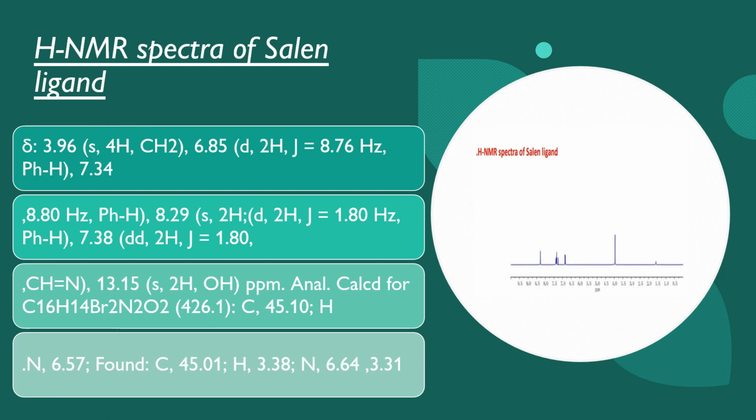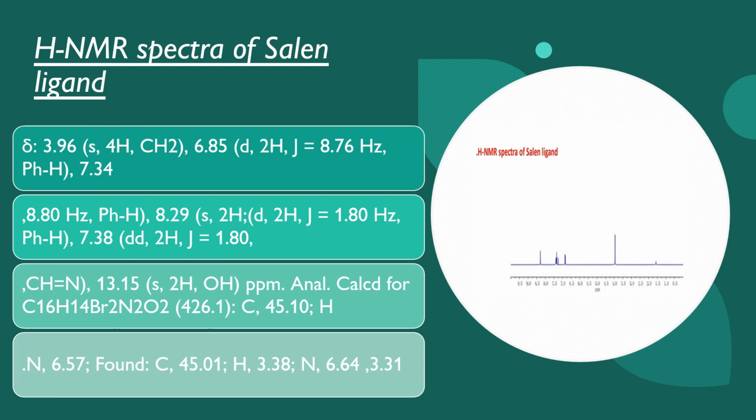And here is the HNMR spectra of Salen ligand. As we see here, the aromatic H protons of Salen ligand are at 6.5 to 8.5, and also the aliphatic protons from 2 to 3.5, and the H attached to the carbon that makes a double bond with the nitrogen atom is at 8 to 9.